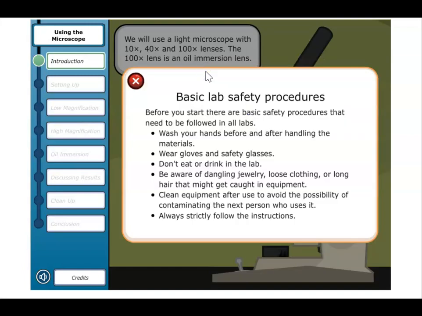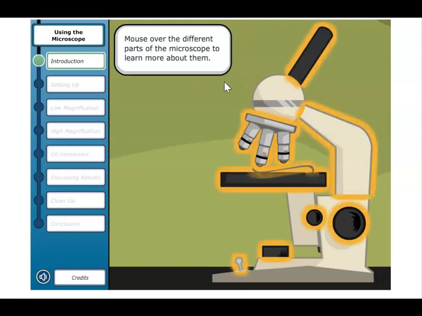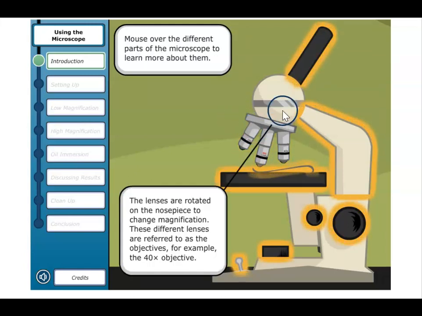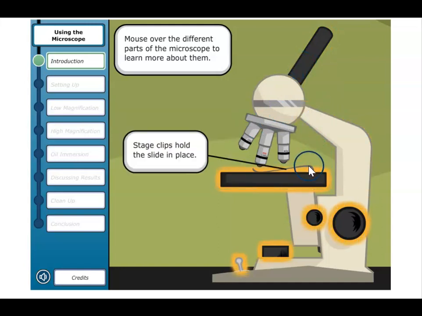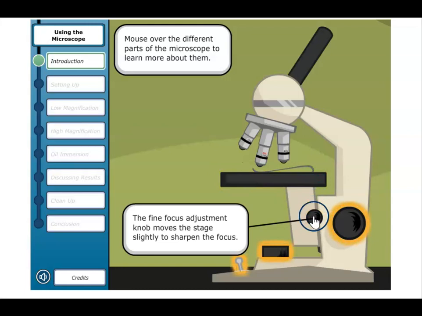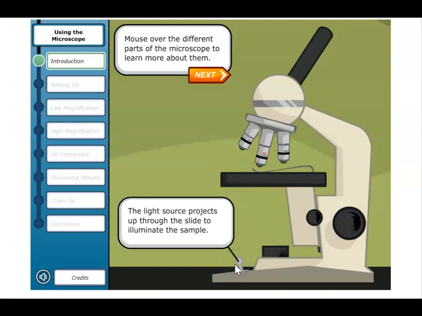Basic lab safety procedures. Before you start, this microscope works by magnifying the sample on the slide using a series of lenses. Mouse over the different parts of the microscope. The lenses are rotated on the nosepiece. View the magnified sample through the eyepiece. The arm supports the stage clip, the slide, the fine focus, and the coarse focus adjustment. The diaphragm and the light source project up through the slide to illuminate the sample.